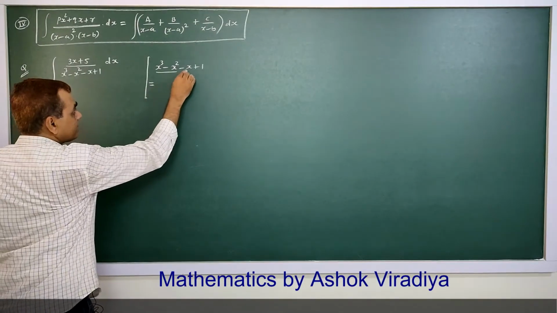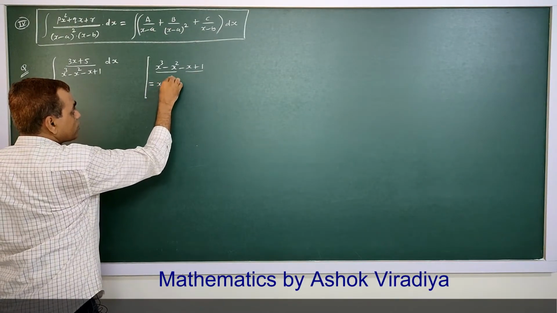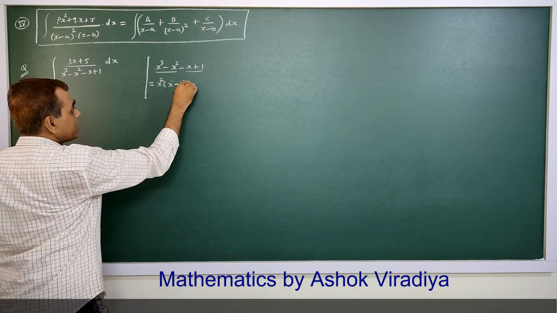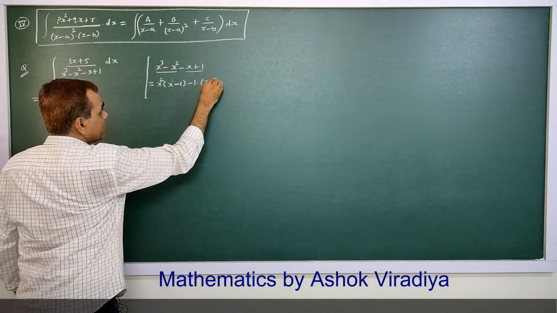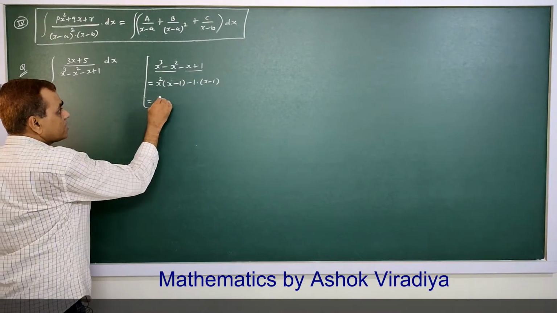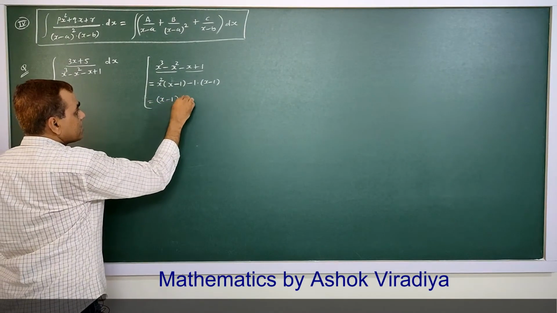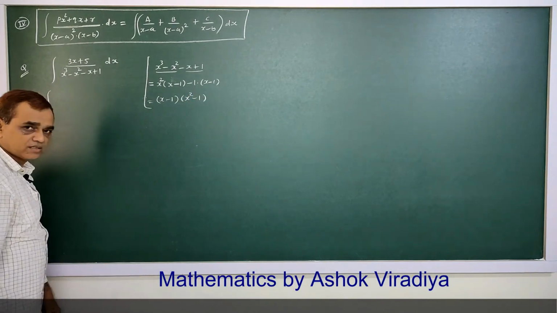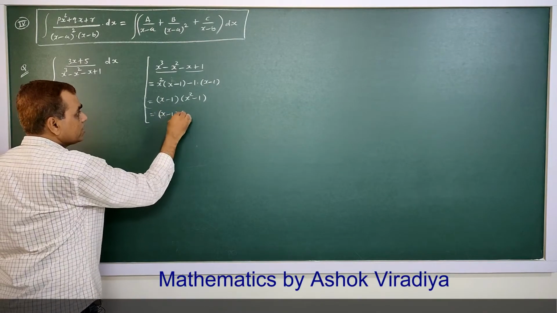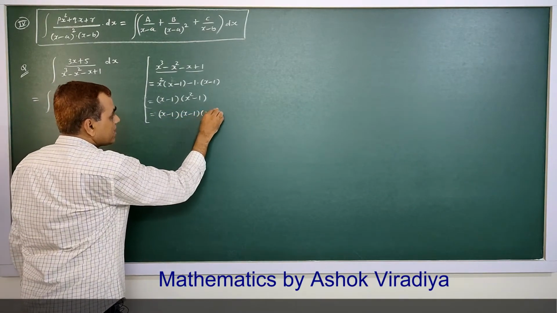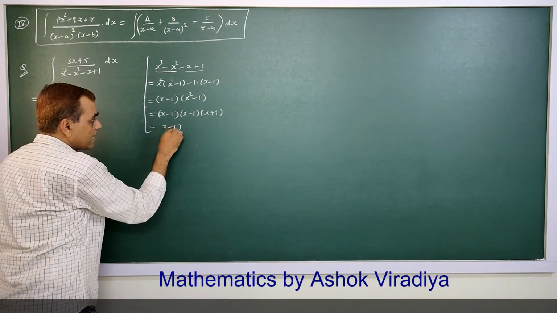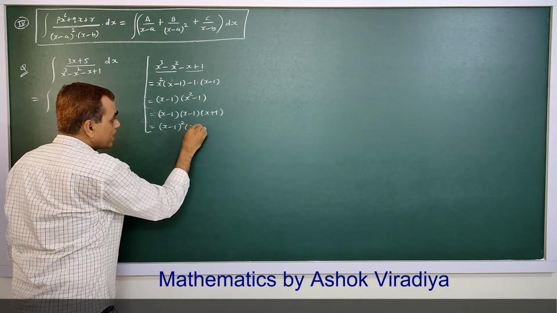Taking x square common, x minus 1 is left, minus 1 common, x minus 1 is left, so it is equal to x minus 1 common, x square minus 1. Now this is equal to x minus 1, x minus 1, x plus 1. So it is equal to x minus 1 whole square into x plus 1.